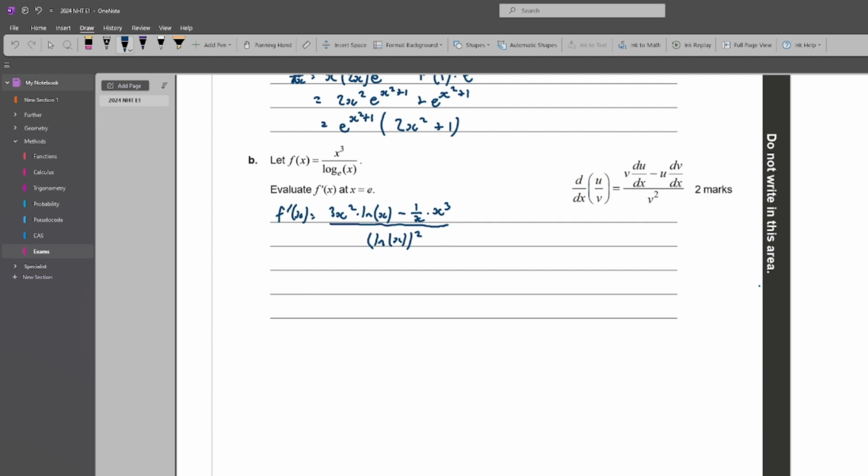We can simplify this a little bit, so 1 on x times x cubed is just going to be x squared. And seeing as we're going to be putting in e for x, we could factorize the x squared, might make things a little bit easier.